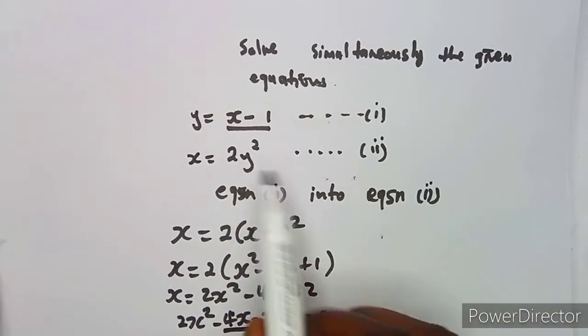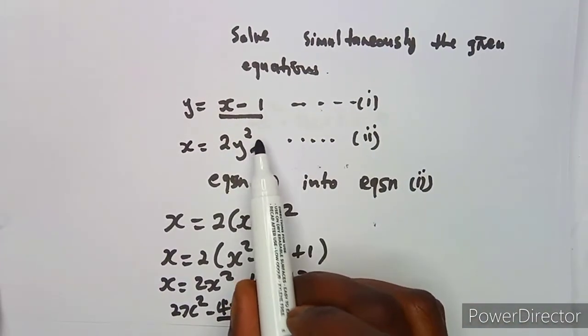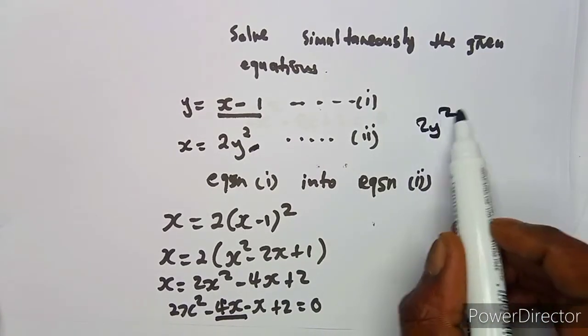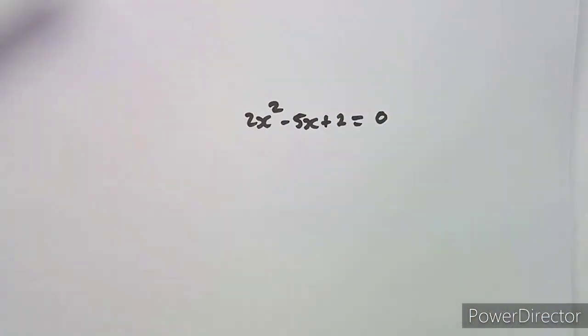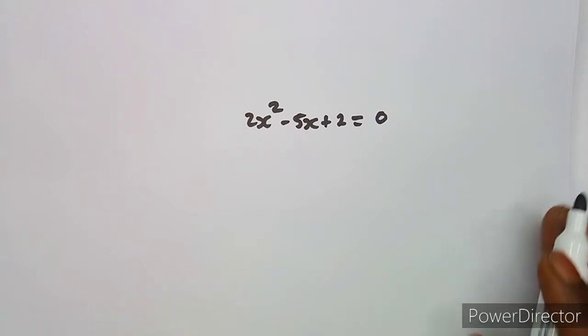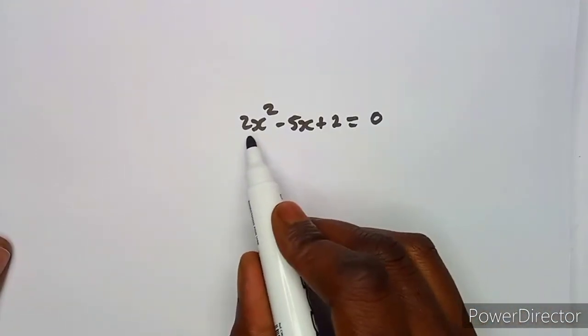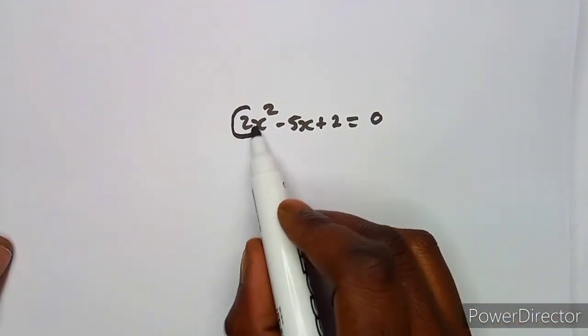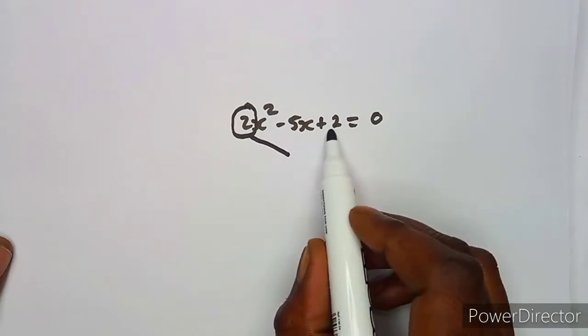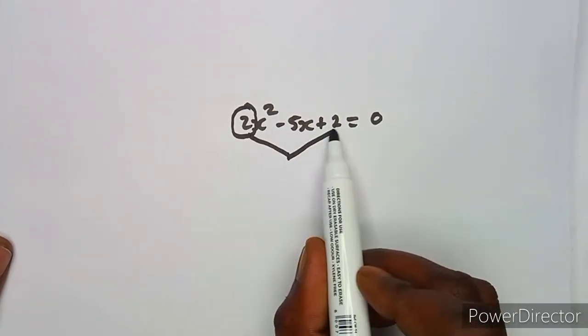So either way, even if we are going to work with y, we are going to have an equation with 2y squared. So the factorization part is the one that you're going to use, or you can use the quadratic formula. I don't know which one is best for you, but using factorization, remember the coefficient of x squared here is not 1. So we are going to do the longer way, where we multiply the first term and the last term.